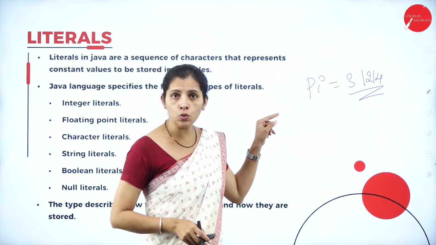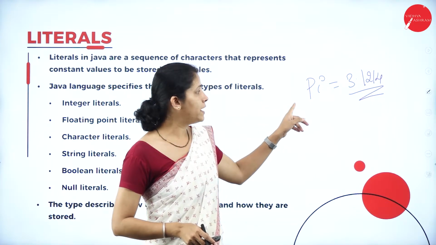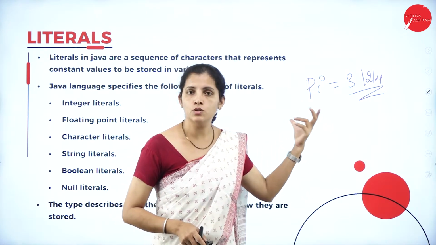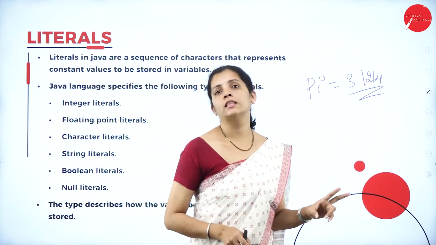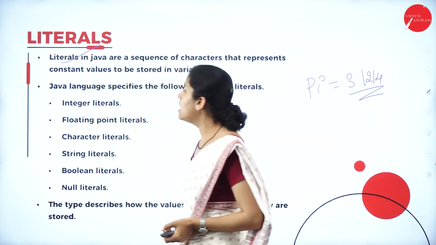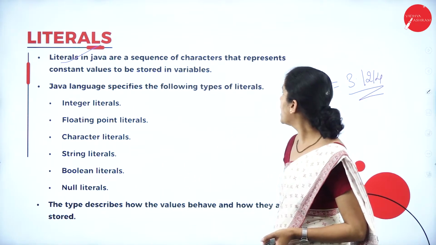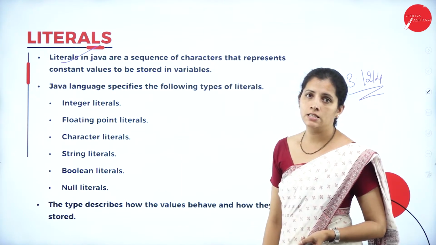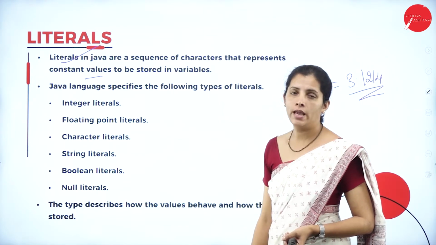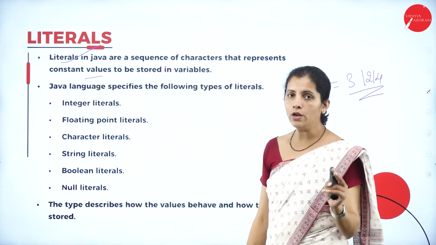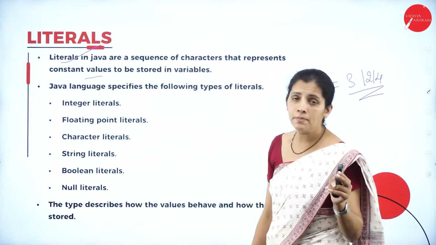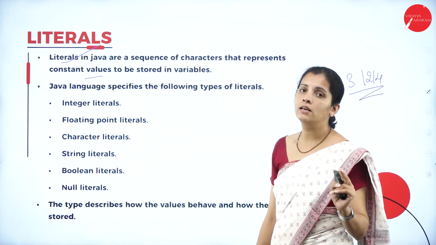Then what do I do? I want to make this pi a constant. So constants are nothing but literals. Literals in Java are a sequence of characters that represent a constant value that is stored in a variable. So constant values stored in variables are named constants or literals.